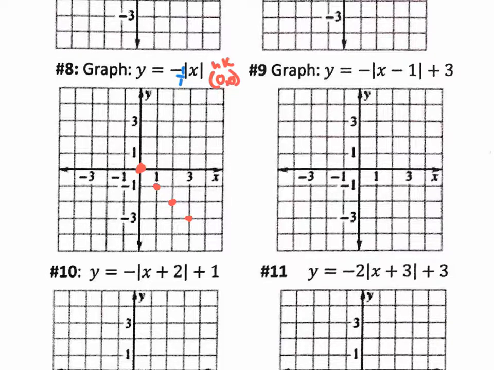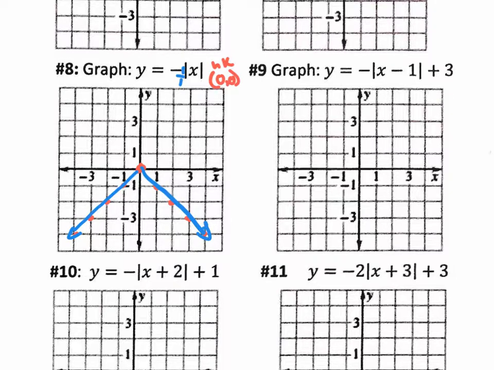So you're going to have to use that same pattern of down 1 over 1, but in the opposite direction, so you could get that perfect graph. So what was the difference between the A value being positive or negative? It depends. If it's positive, it opens up. If it's negative, it opens down.